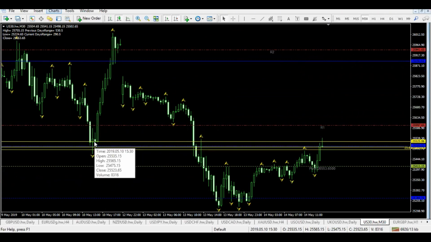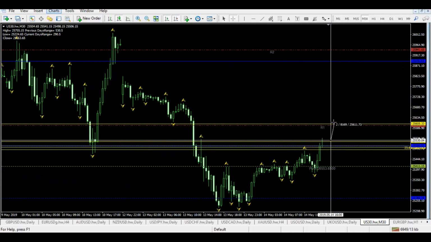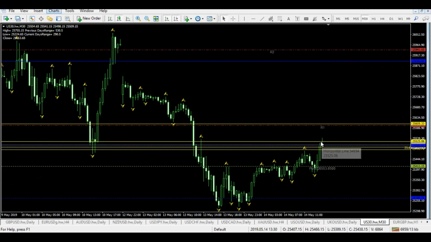Your pivot is an open close candle here that is stuck, and one was on the top. If it passes here, its next pivot will be here. You can get a few good pips from here to here. It has given you a bullish signal, and it has opened its pivot as well.